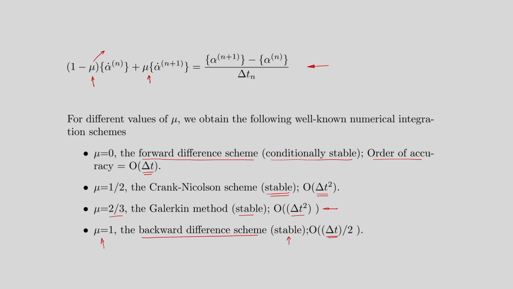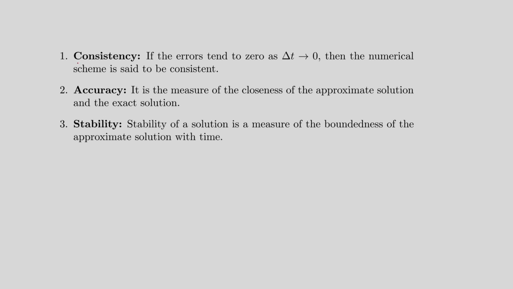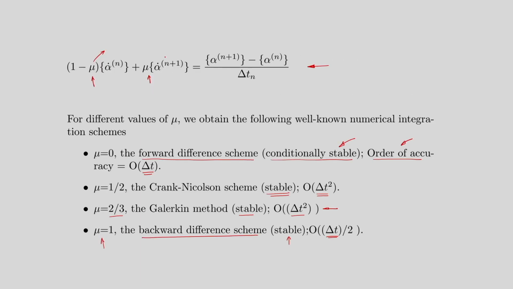Now, let us understand what is meant by stability and order of accuracy. First, I will discuss the consistency of a numerical scheme. As you see, the time derivatives are written in terms of the values of those variables at different time instances.